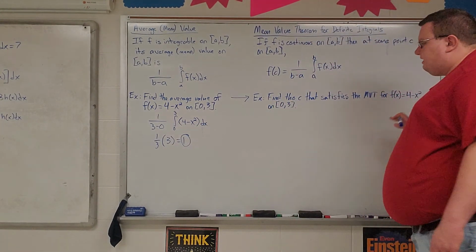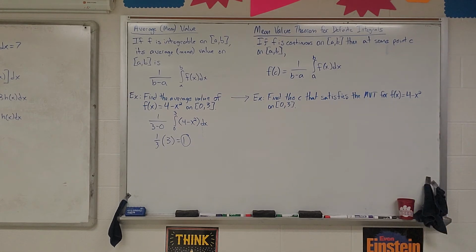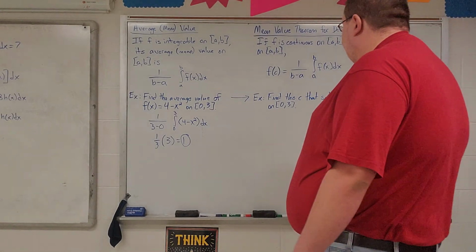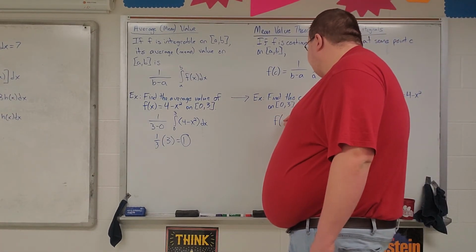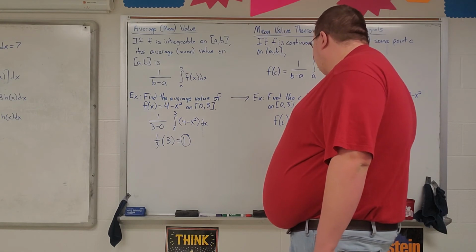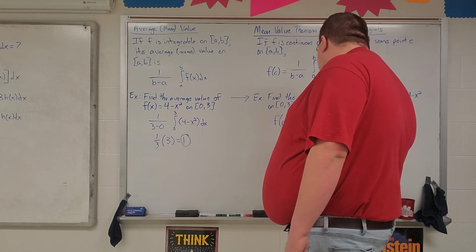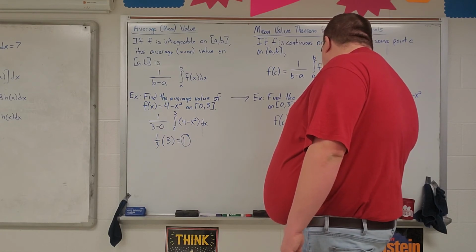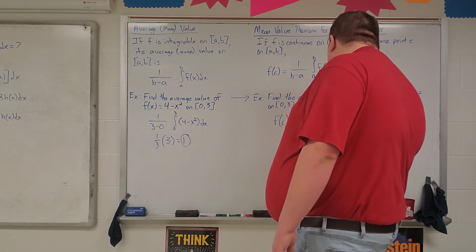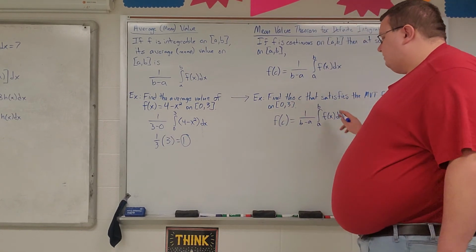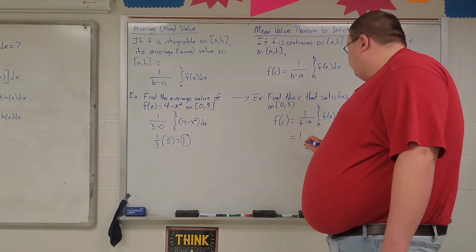Let's say we want to take that example we just did. Now we want to find the c that satisfies that. That means f of c has to equal 1 divided by b minus a times the integral from a to b of f of x dx. We already found this to be 1.